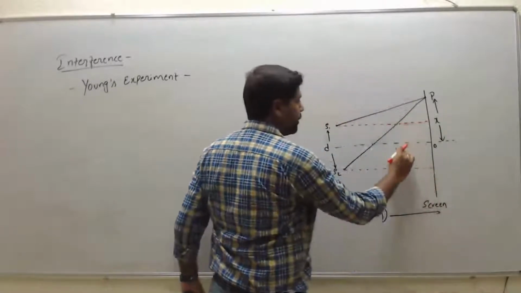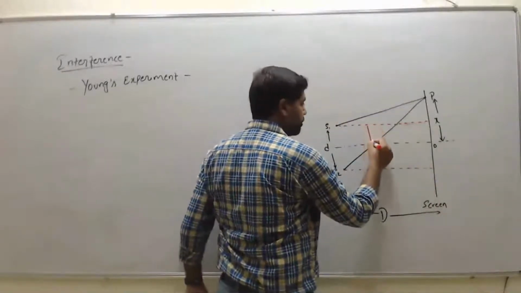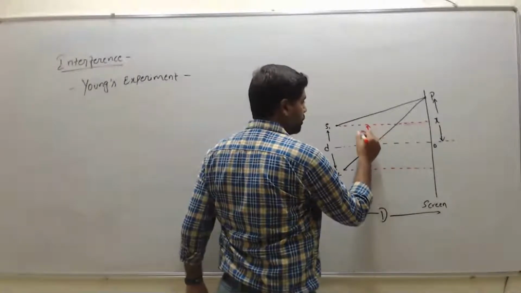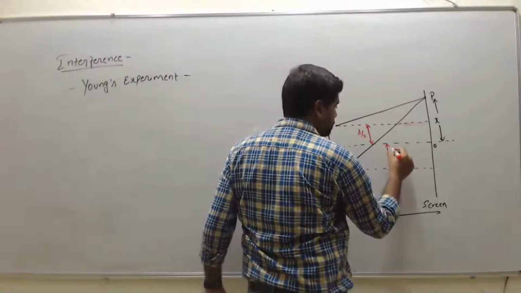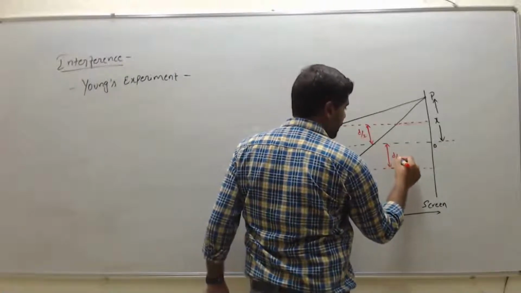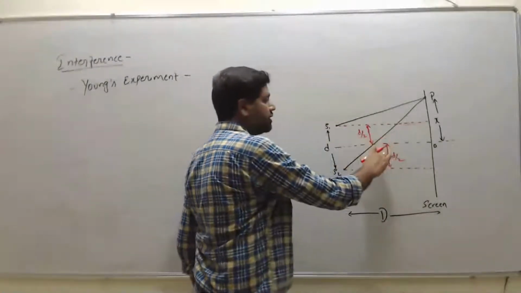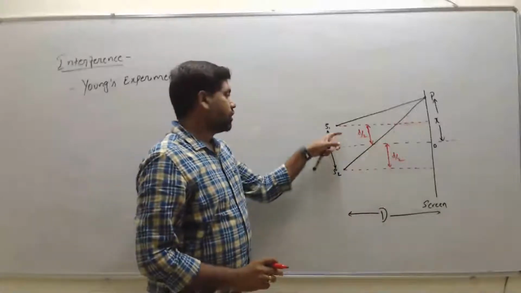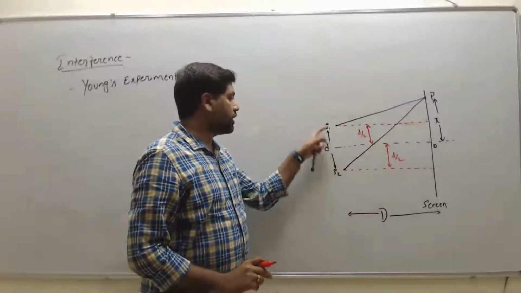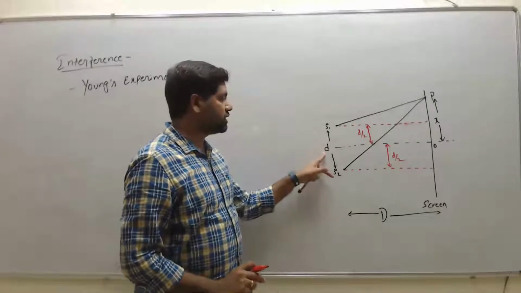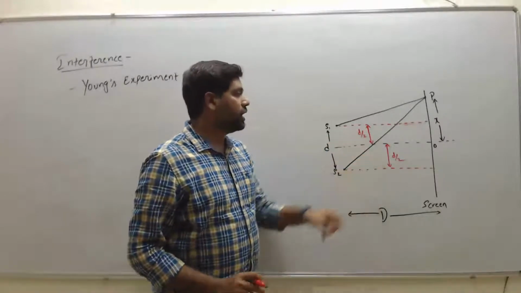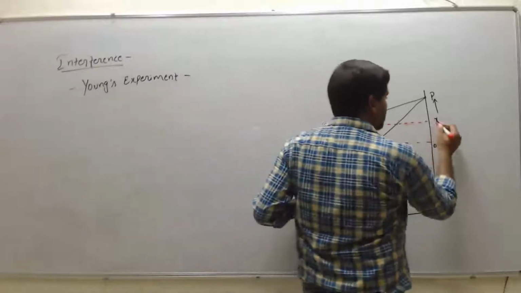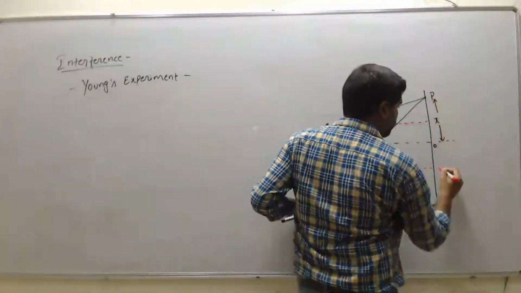So from the middle, its distance is d by 2, and from here to here the distance is d by 2, because here the line is exactly in the middle of the sources S1 and S2. Then between the two sources is d, so the distance becomes half, d by 2 and d by 2. So that is the distance from this point to here.